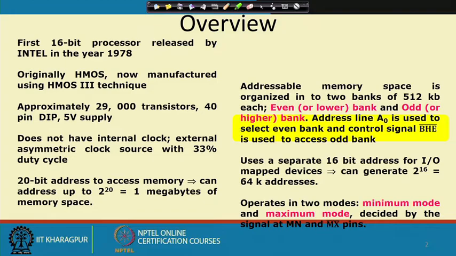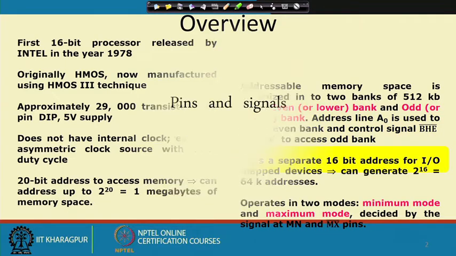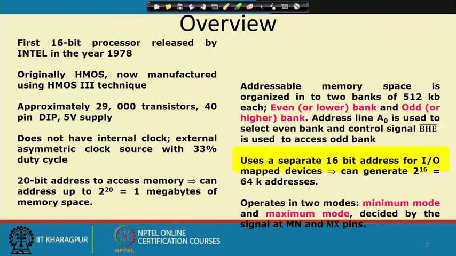Another important thing that this 8086 has is that it operates in 2 modes. One is known as minimum mode, another is known as maximum mode. Minimum mode operation is more or less similar to 8085 type of operation, where this processor happens to be the master and you can connect memory chips and other peripheral devices to it.